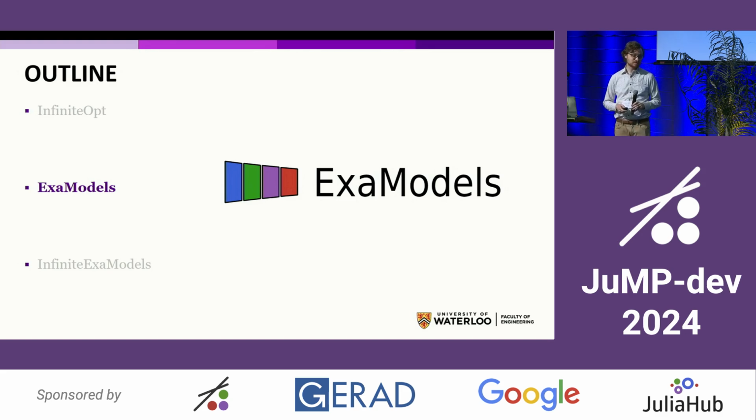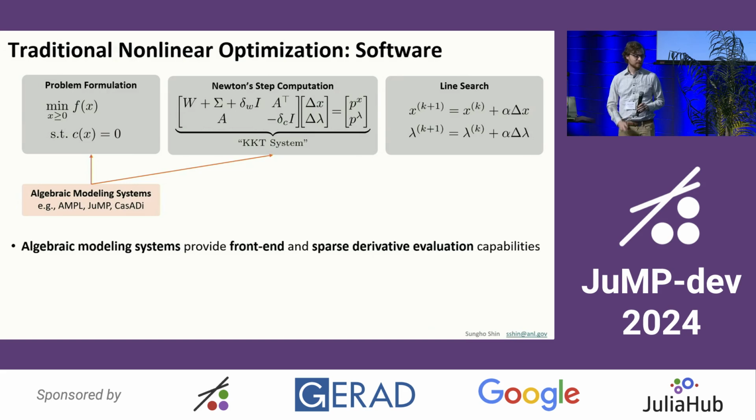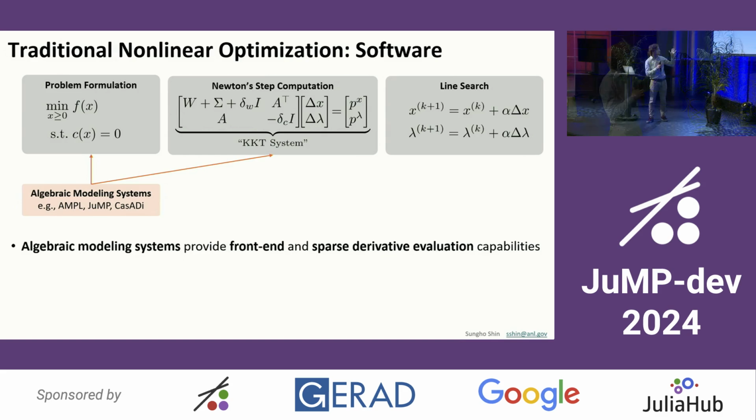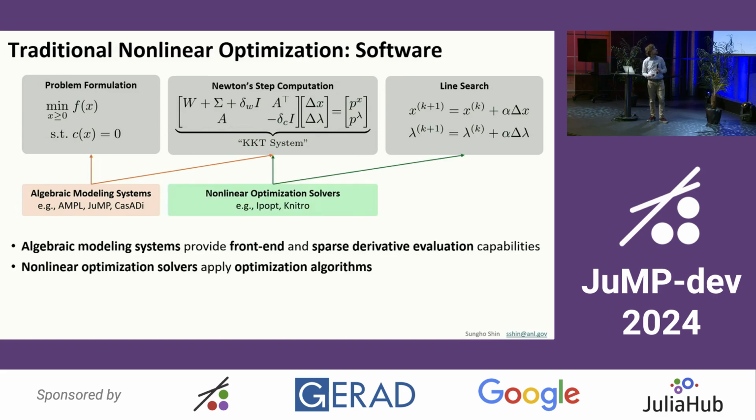So this is ExaModels, the work of Sungho and François. Traditional nonlinear optimization software like IPOPT relies on your model formulation. You might model in AMPL, JuMP, CasADi, Pyomo, right? That models the problem and also comes up with automatic differentiation to get you the derivatives you need, typically sparse. Then you pass it on to a nonlinear solver like IPOPT, which might also do some line search.